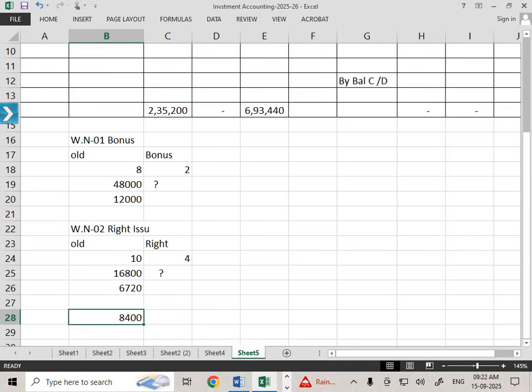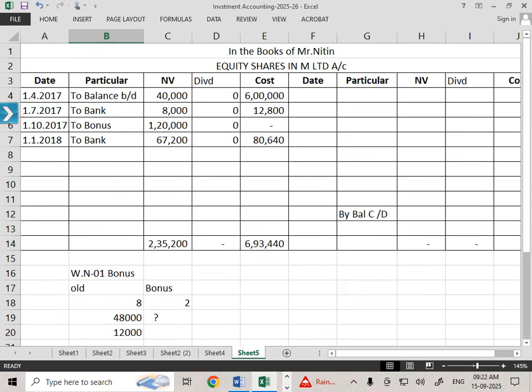And suppose 50% he has renounced that right, sold that right, entitlement of right, say for 4 rupees or 5 rupees. Then that entry will not appear over here. So that entry we will not enter. So this is what a right issue is.